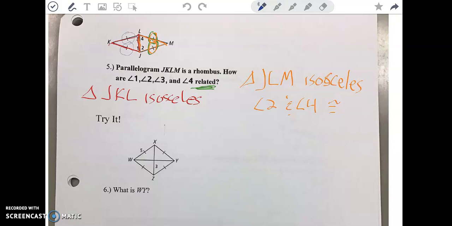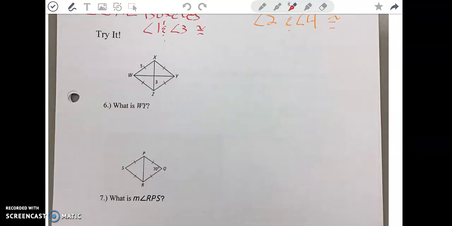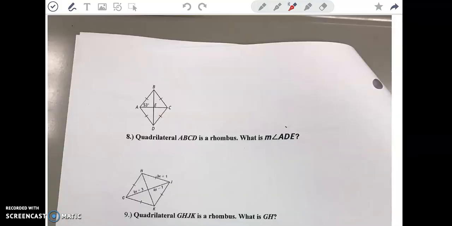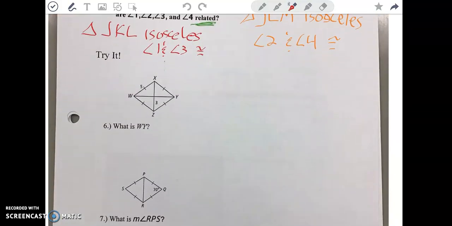So their base angles also have to be equal. So that means angle 1 and angle 3 are congruent, are also the same. Okay, you guys try 6 and 7. You try 6 and 7. Pause, do it, and then come back.